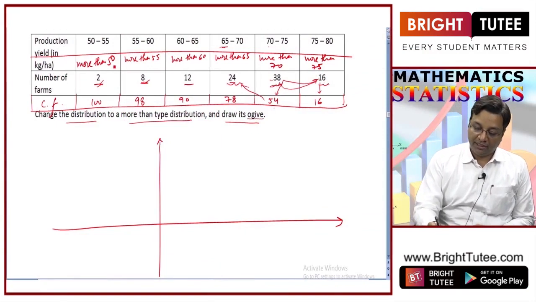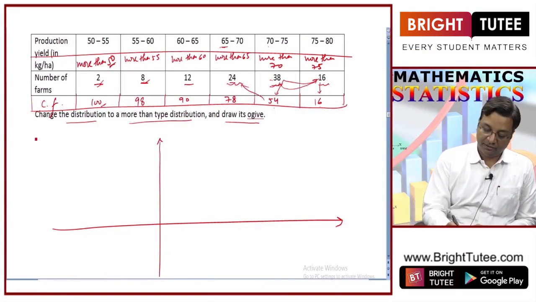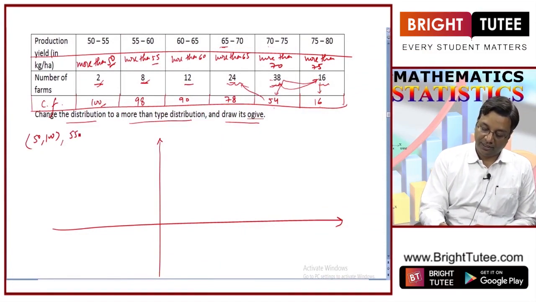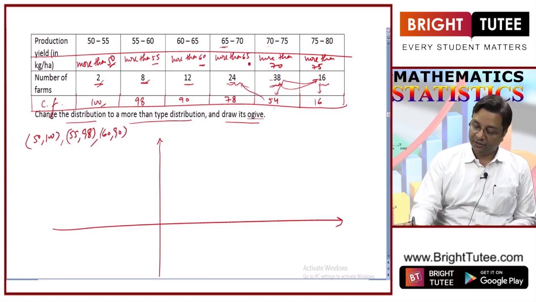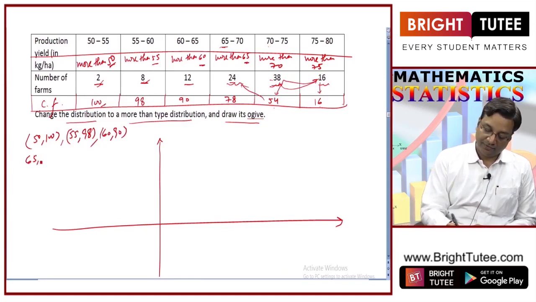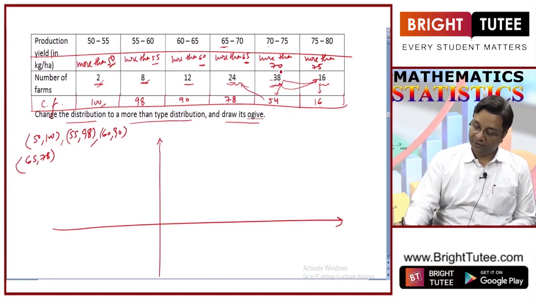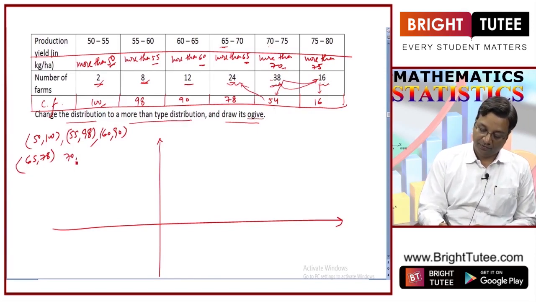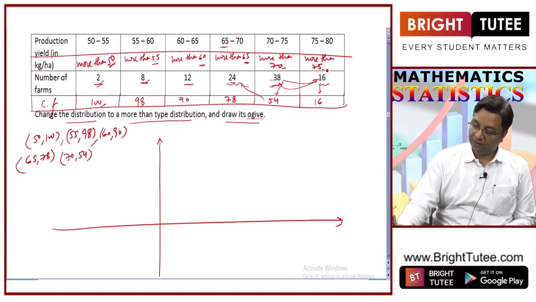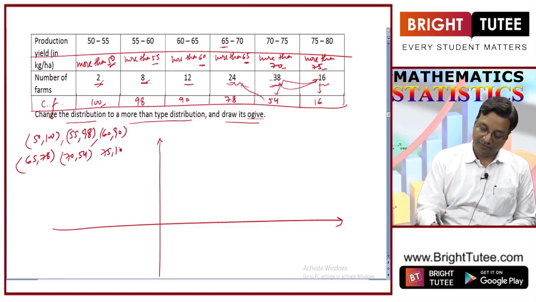Okay. So, the coordinates are 50, 100, 55, 98, 60, 90, 65, 78, 70, 54, 75, 16.